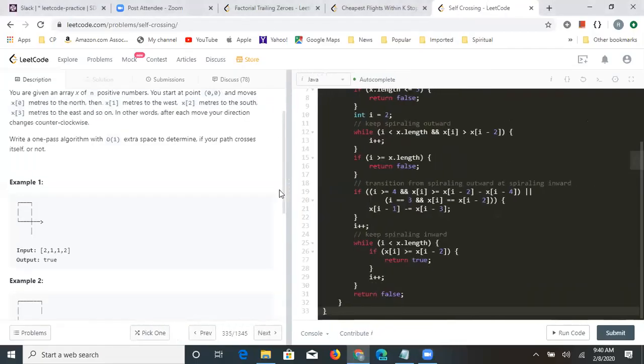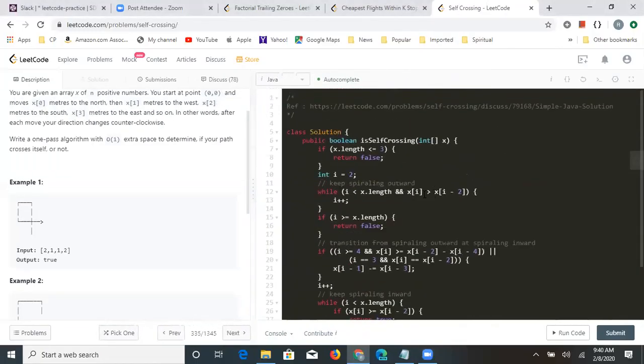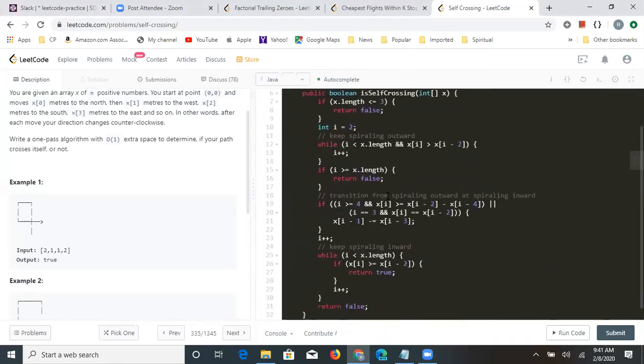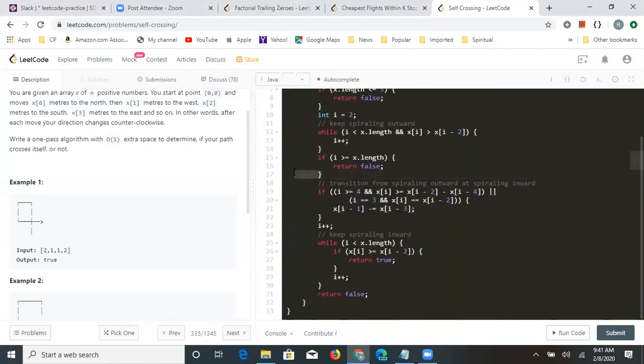So exactly, this is what that guy was doing. I have also put the reference of this code. This is the code I was looking at. I posted my solution also on the Slack.